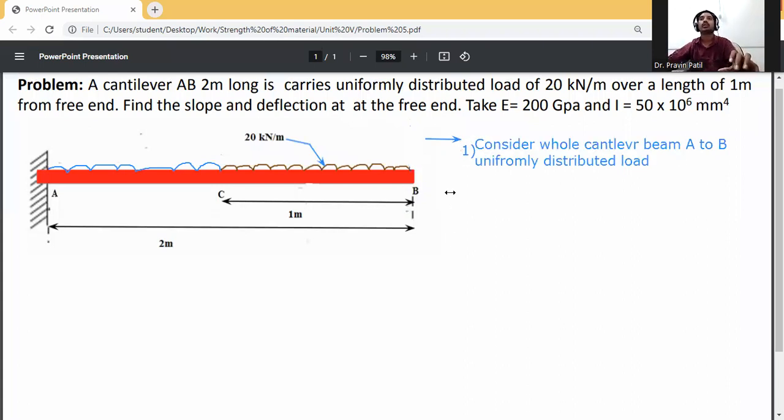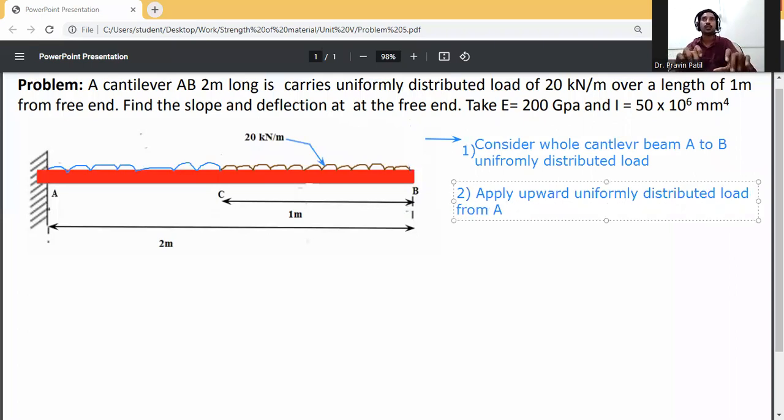The second point is to apply an upward uniformly distributed load from A to C. So just apply the uniformly distributed load from A to C in the upward direction.